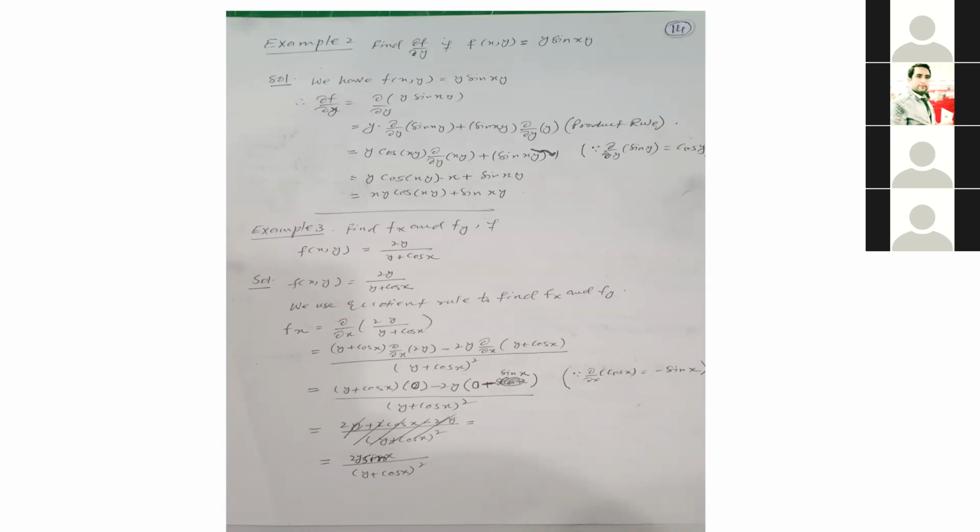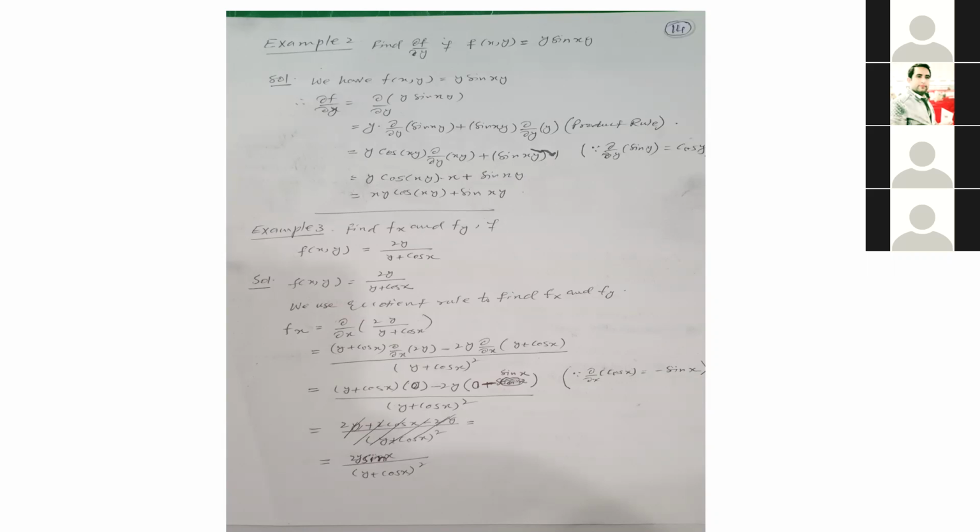And from this we get this y plus cos x, and 2y is a constant because we are differentiating the function with respect to x. So we are keeping y as constant, and derivative of constant is 0, minus 2y, and then derivative of y plus cos x with respect to x, applying sum rule, derivative of first function plus derivative of second function.